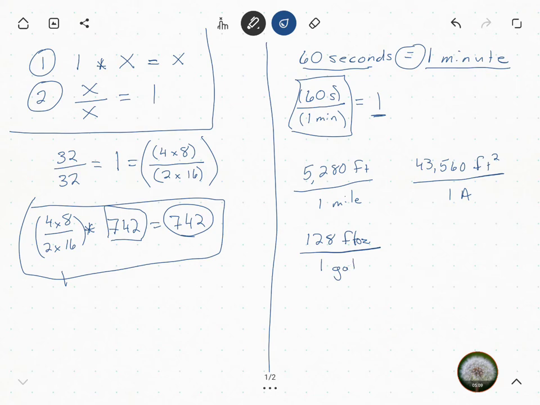The other thing to keep in mind when we're doing unit conversions in practice is that if we're specifying two things that are equal to each other as a ratio, it doesn't matter which one is the numerator and which one is the denominator. So 128 fluid ounces divided by 1 gallon would be the same as 1 gallon divided by 128 fluid ounces, right? So this gets into which units we need to figure out. What are we trying to get to in the end?